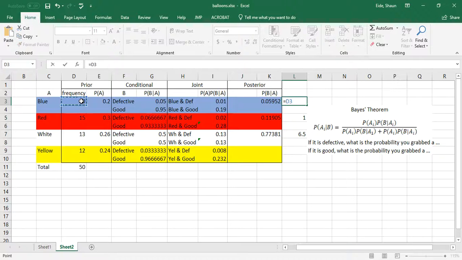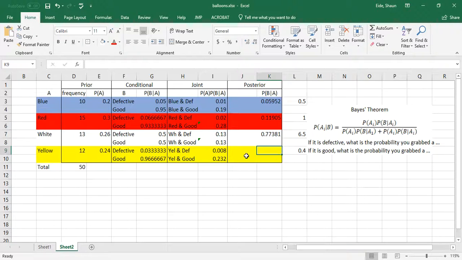Blue equals 10 multiplied by the defective rate, which gives 0.5. Yellow, actually, that's not what I want, I want 12 multiplied by the defective rate, 0.4. So you can see there are about 6.5 white balloons that are probably defective, probably one red balloon, half of a blue balloon, and less than half of a yellow balloon.